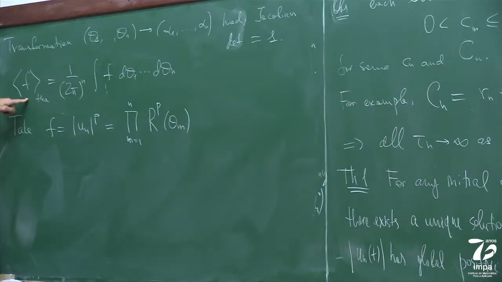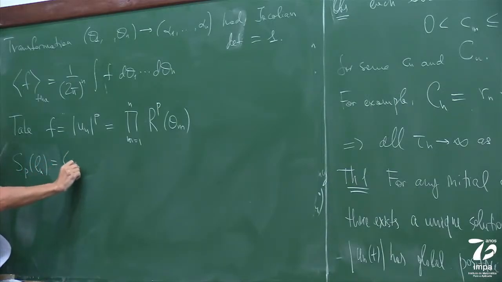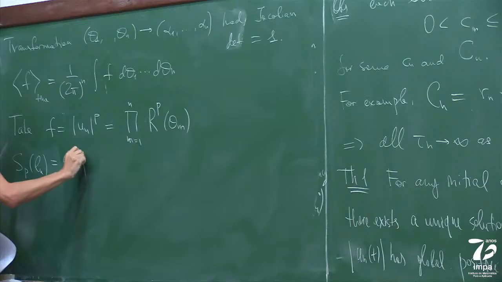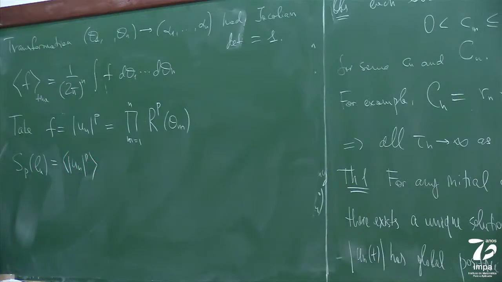So the first term will be just the structure function. This is by definition. So this is the temporal average of u n p.